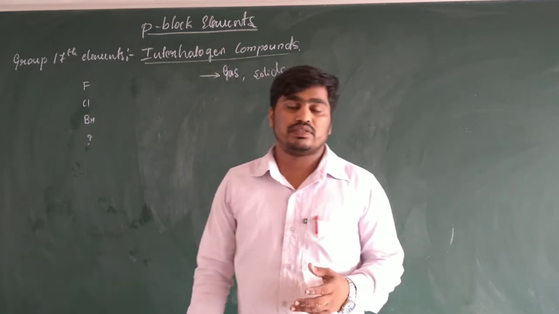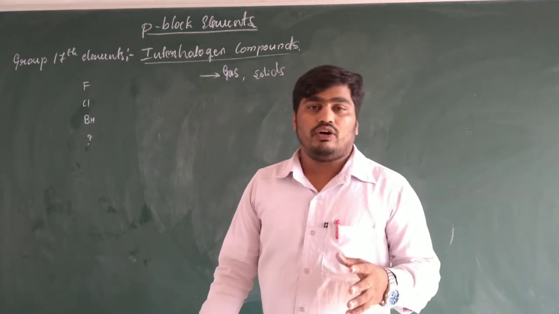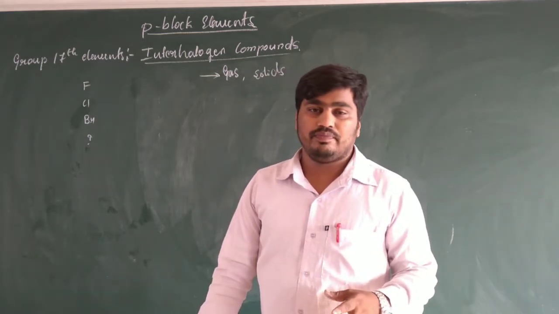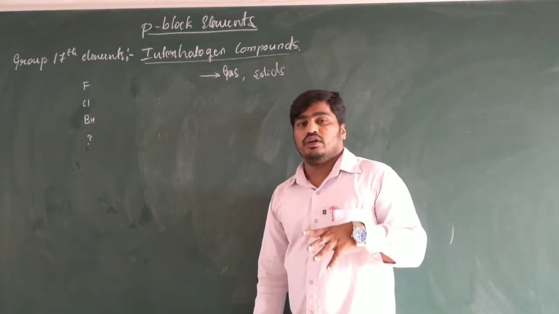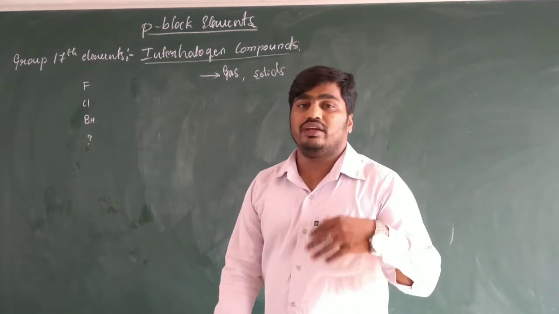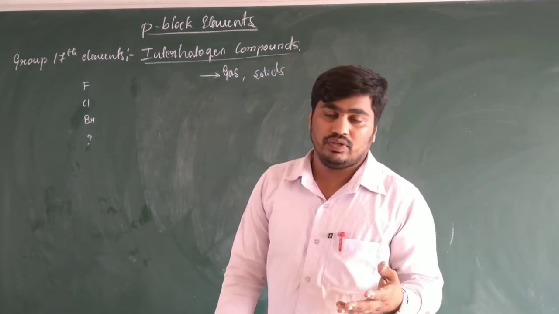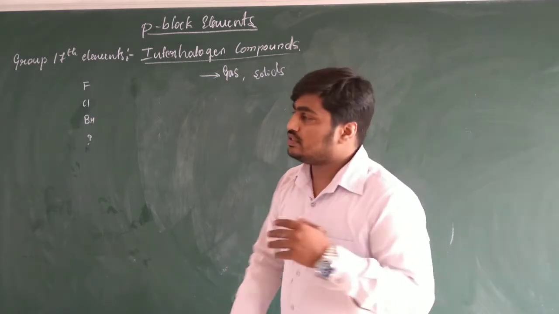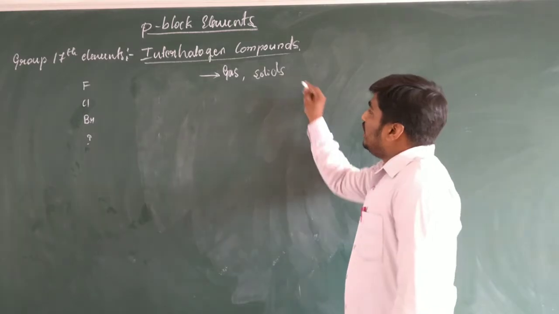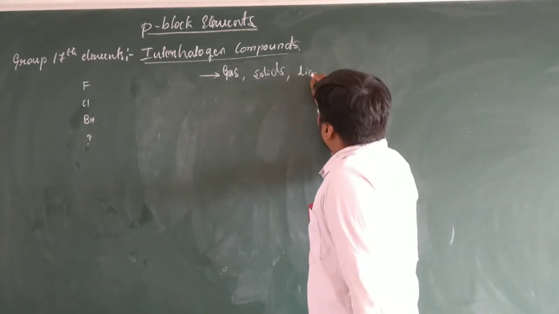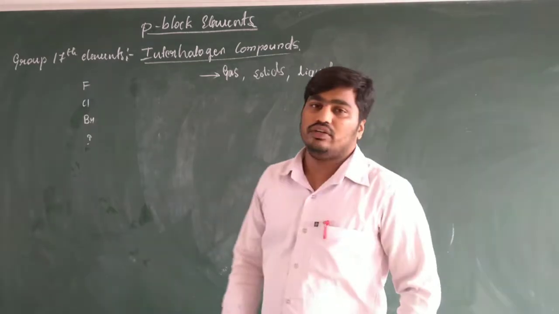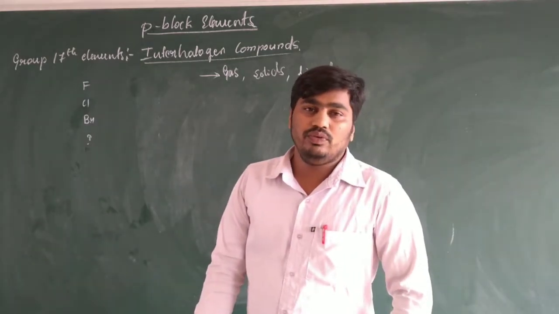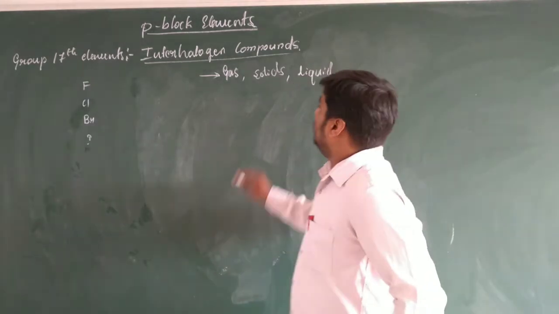Volatile solids means that at room temperature, 298 Kelvin, these compounds are volatile, easily evaporated. And a few are liquid at ordinary conditions. Very few interhalogen compounds are liquid.